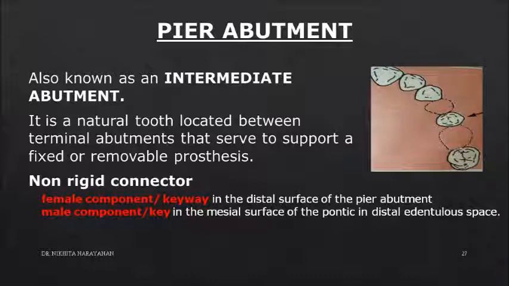The keyway should be located on the distal surface of the pier abutment, that is the central abutment, and the key will be placed on the mesial surface of the pontic in the distal edentulous space. Okay, so the mesial surface of the distalmost pontic will contain the key or the male component, and the distal surface of the pier abutment will contain the keyway or the female component.